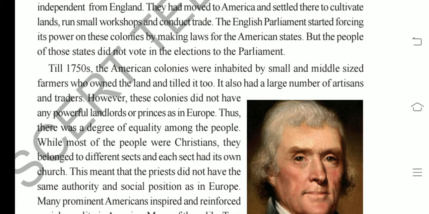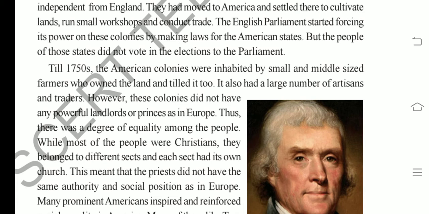Whereas in the American colonies, there were no powerful landlords and princes like Europe. So there was a degree of equality among the people in America. People were treated equally there, as there were no landlords and princes.